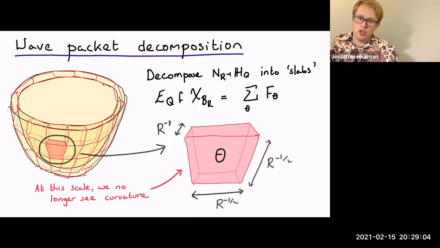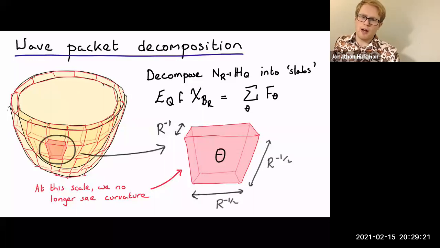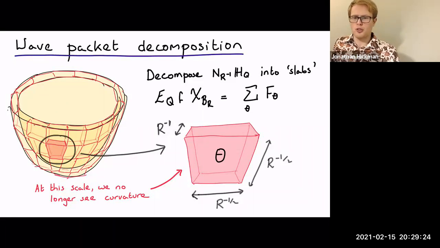They have a short direction, which is the remaining direction, which is normal to the hypersurface at the center of the slab. And this short direction has scale reciprocal of R, so it corresponds to the width of the neighborhood. Now, the reciprocal square root of R scale is chosen so that these little rectangles fit neatly around this hypersurface.